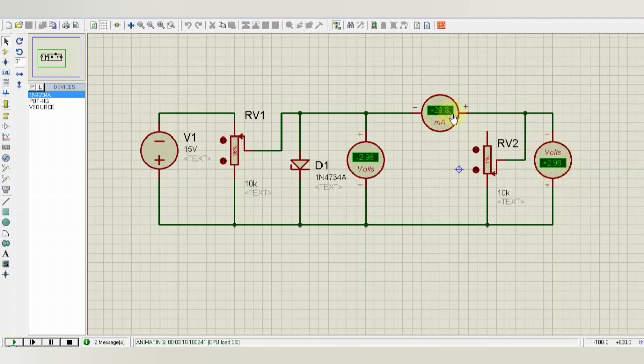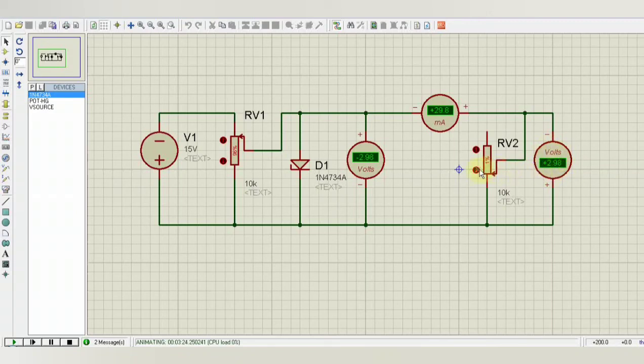So at this amount of current passing through the load, we have seen that the Zener voltage is out of regulation. At the beginning it maintained a constant potential across the load, but gradually it deteriorated.